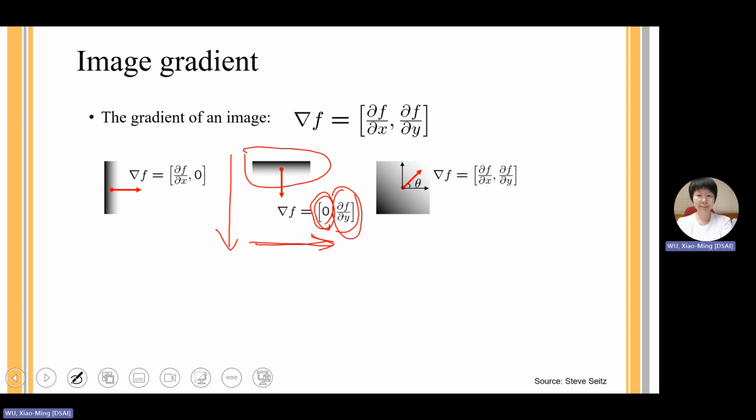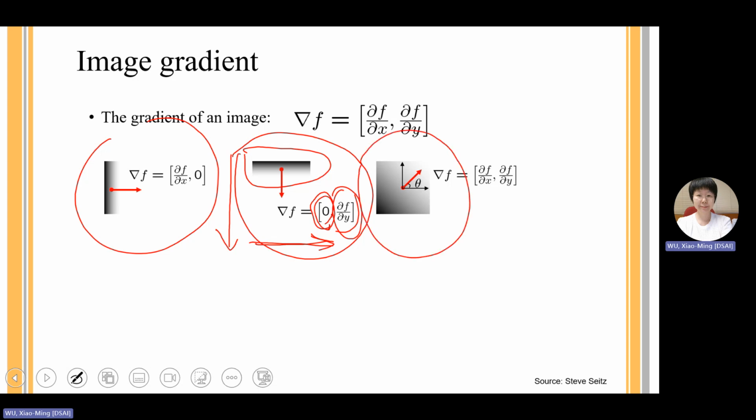Okay. So for the first two images, for the first one, the Y derivative is zero. For the second one, the X derivative is zero. For the last one, you can see the function value keeps increasing along this direction.